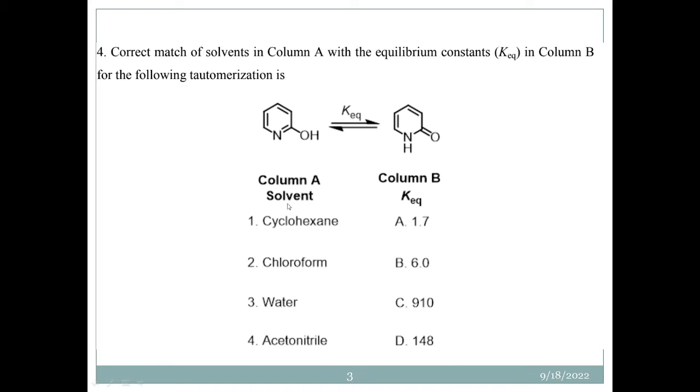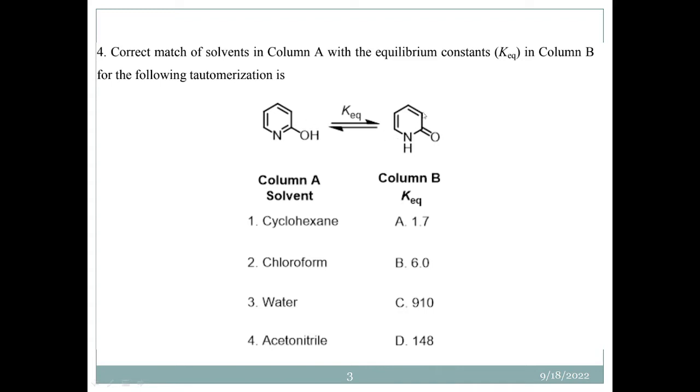Now, if you compare cyclohexane, chloroform, water, and acetonitrile, what value? Like epsilon value, dielectric constant, polarity. So we understand that water is the strongest and most polar here. So water will shift this equilibrium to the right side. It will stabilize this keto form rather than this enol form.